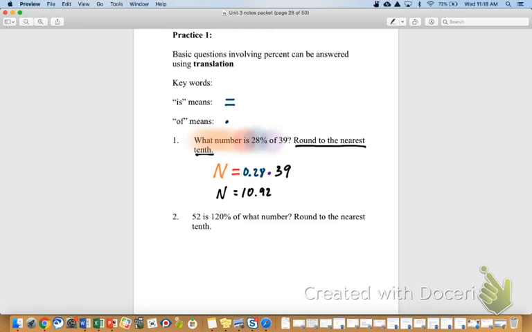So if you wrote 10.9, I'm good with that. So I'll put blue boxes around things I'm good with. 10.92, isn't that still accurate to the tenths place? However, if you put 11, I'm not going to be okay with that because that is not accurate to the tenths place. Do you see what I'm getting at?